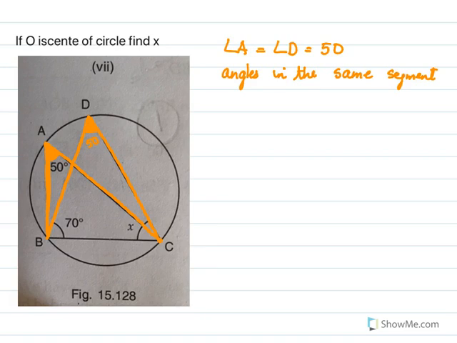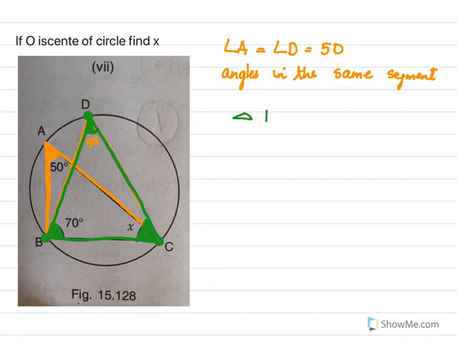Now look at the triangle DBC. In the triangle DBC, we have three angles. We have angle X plus angle 70 plus 50 is 180.